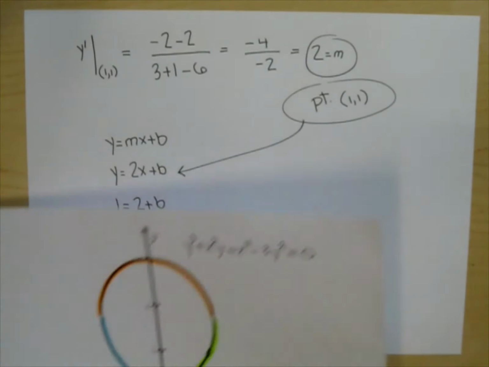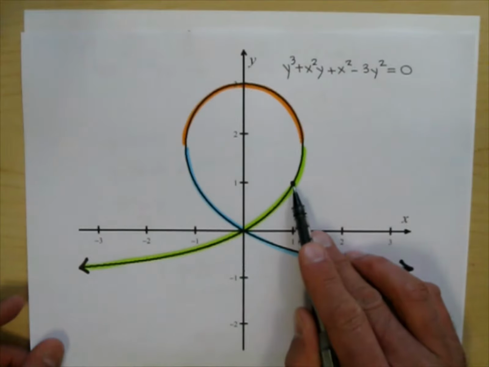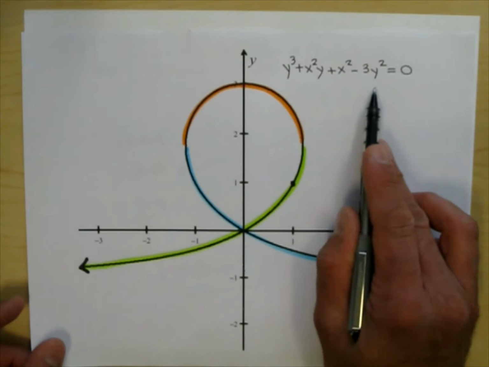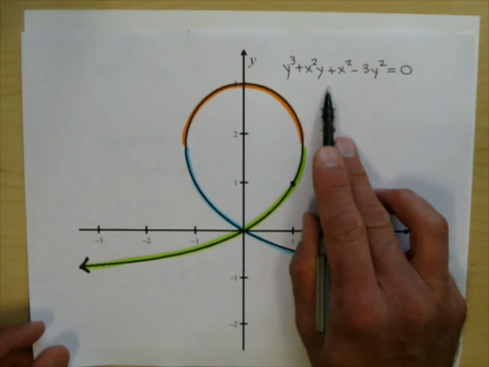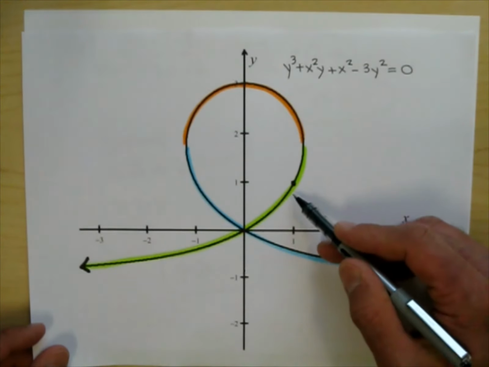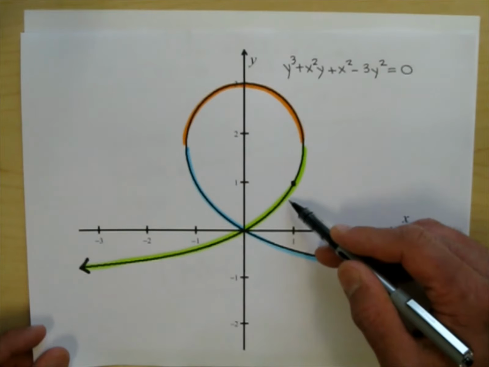So here was the graph. This almost seemed impossible. Find the slope, find the equation of the tangent line there. And you had this? Before implicit differentiation, there was just no way we could do that. Now we can, and it is 2x minus 1.